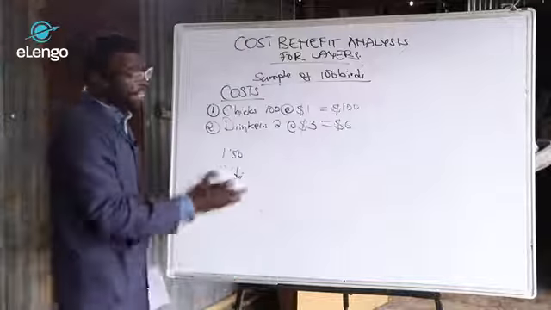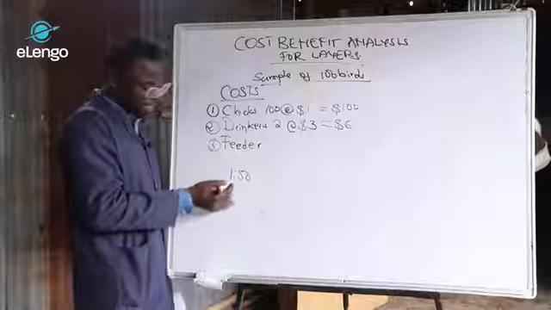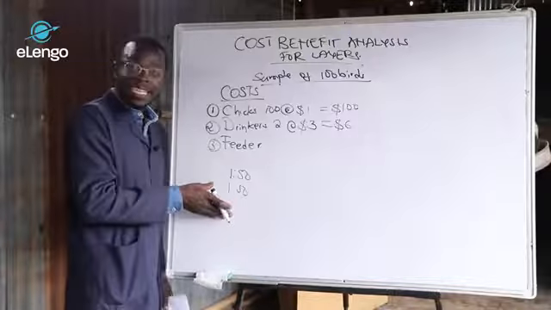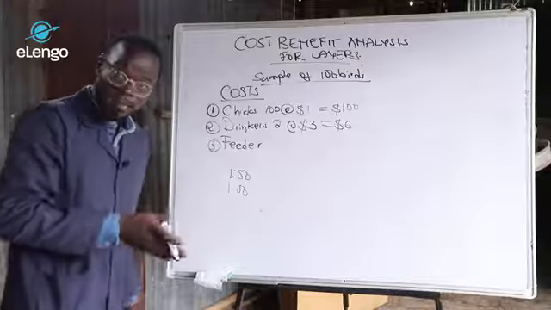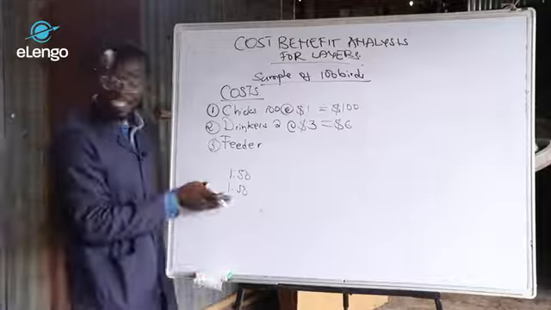You will also need feeders. The same principle of one drinker to 50 birds will apply to feeders, which will be one feeder to 50 birds. But in this case, the size and the type of the feeder really determines adoption of this ratio.